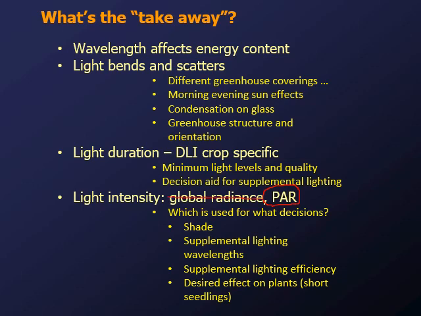But for now, it's good to know the difference, and global radiance is still useful for turning on things like shade, when to turn on grow lights, all that sort of stuff. But PAR ultimately trumps the joules watt meters in the sense that it's giving you real data on what plants actually are seeing.